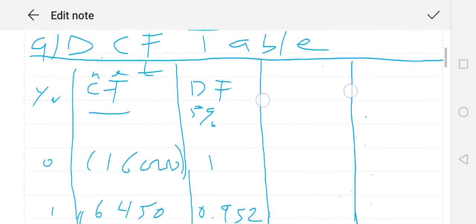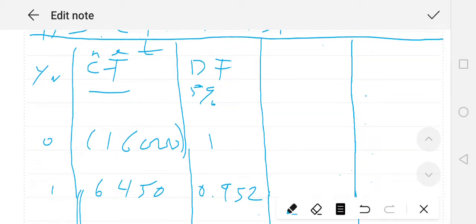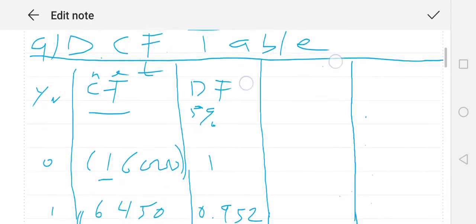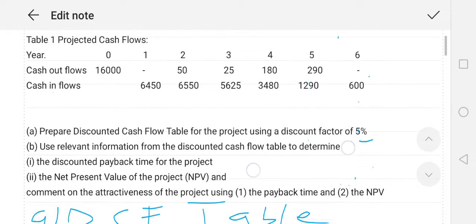So in year 0 we introduced 16,000 as a cash outflow. Since it is an outflow, it is put in a bracket, so it's negative, that's why I put it in bracket here. And then year 1, let's go to the question.